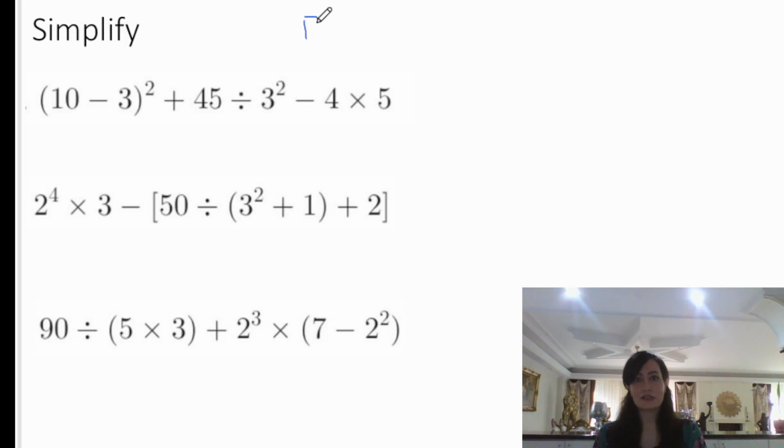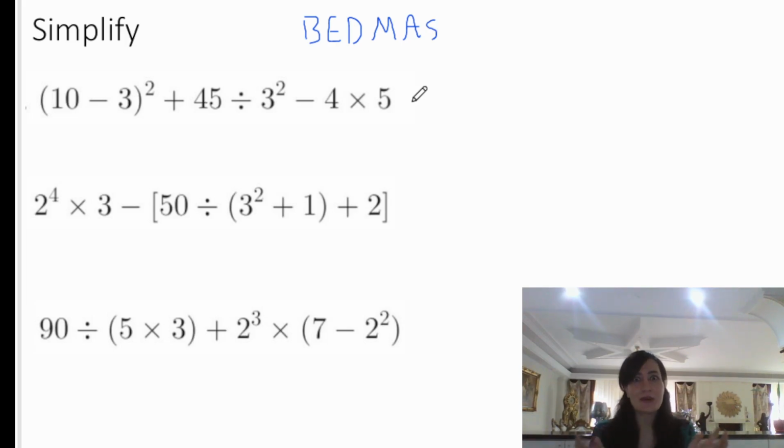Order of operations, I write here the words BEDMAS, BEDMAS. You have to memorize it with your heart forever.